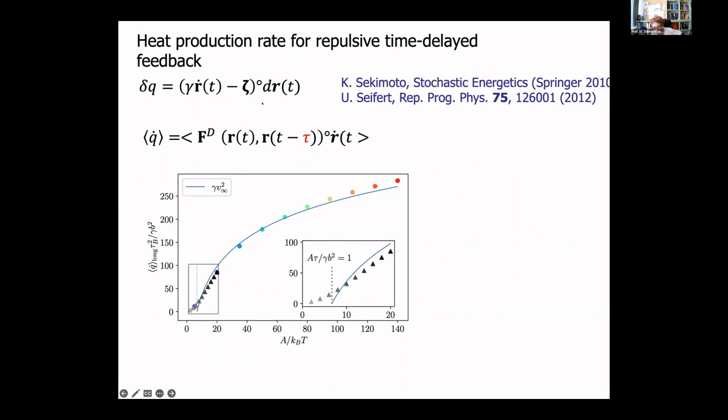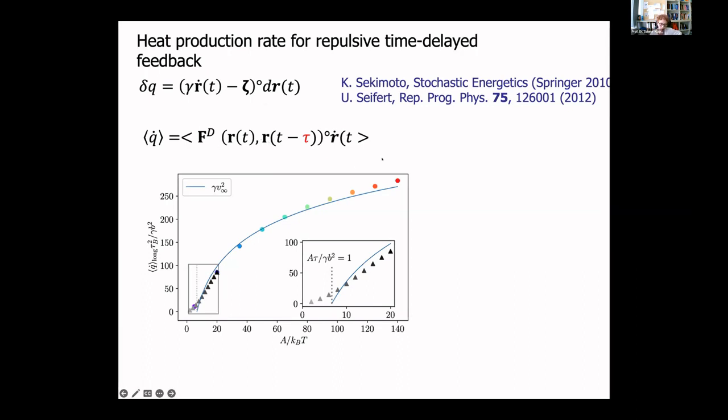So what can we do for this nonlinear problem at hand? What we are focused on is the average heat production rate, which Thomas already introduced in his work, or dissipated heat. This expression here is taken from Sekimoto's book, for example. If you now plug in our Langevin equation, we get this one here.